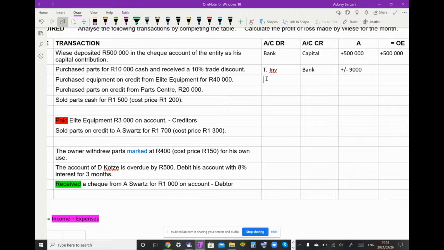All right, so yes, we purchased equipment on credit. So equipment is increasing. We know equipment is an asset, so we debit when it increases. Equipment. And then we took it on credit, so which other account is affected? Creditors control.